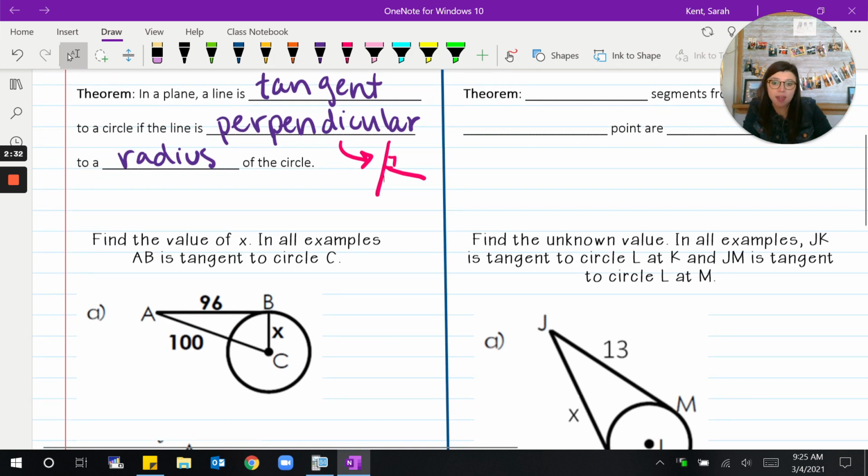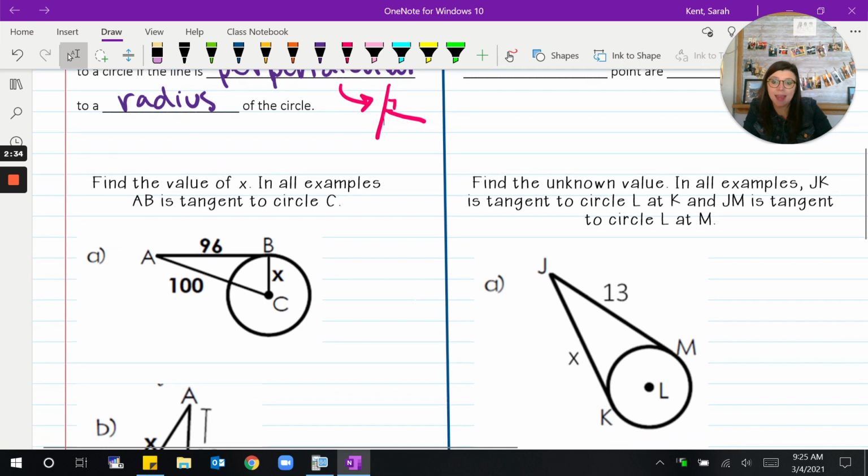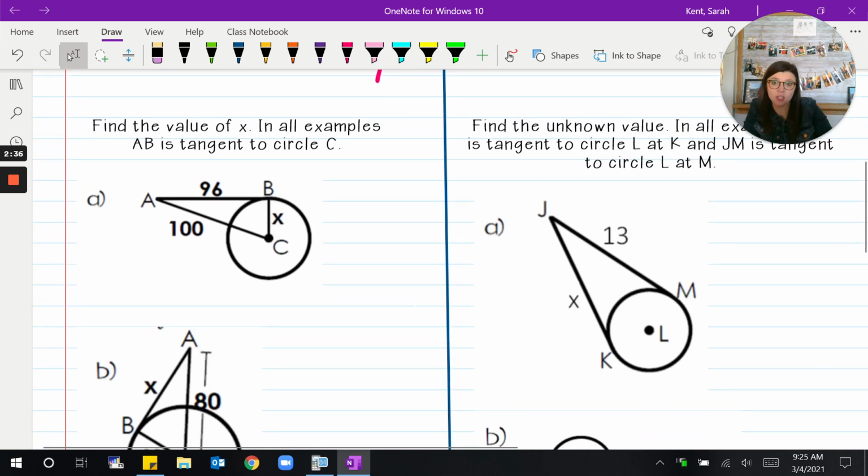Find the values of x. In all the examples, AB is tangent to circle C. So if you see in example 1, we've got AB here, which is 96, and it is tangent to this circle. So that means if I have a radius here, because it goes from center to edge, this is a 90-degree angle.